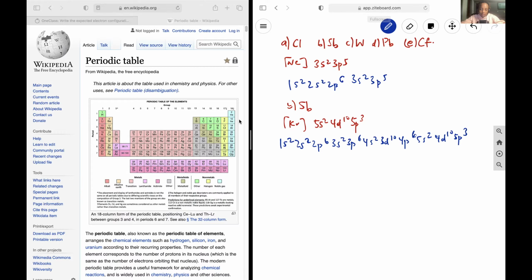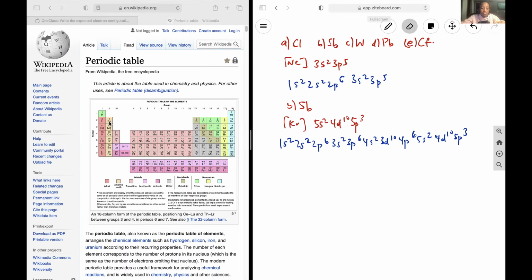So 1s2, 2s2, 2p6, 3s2, 3p6. Sorry, skip the 4s. Here it seems, 4s2, 4p6, 5s. Sorry, I did include the 4s.